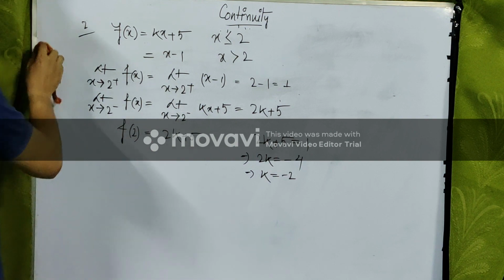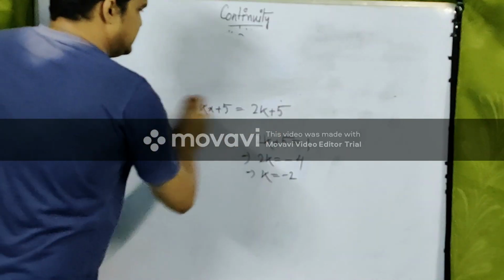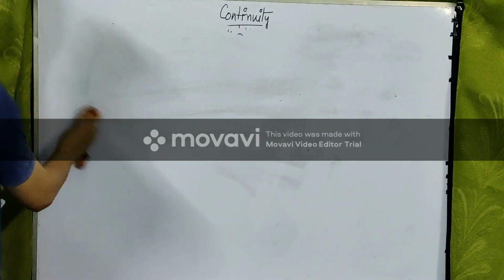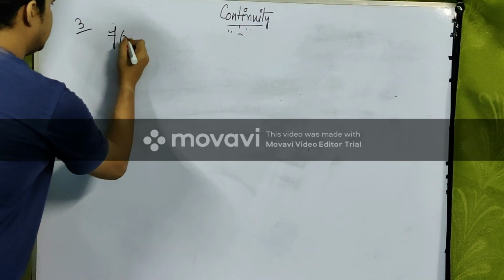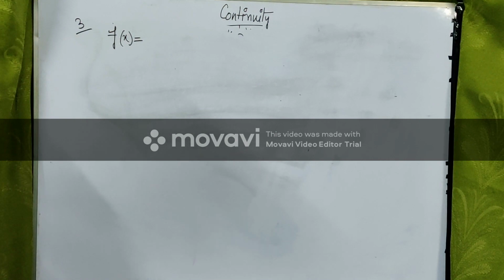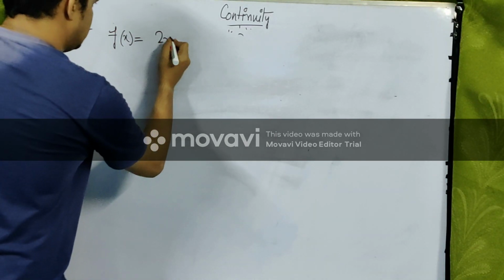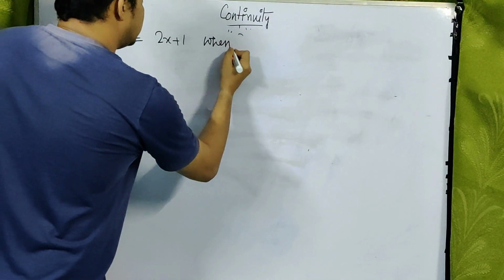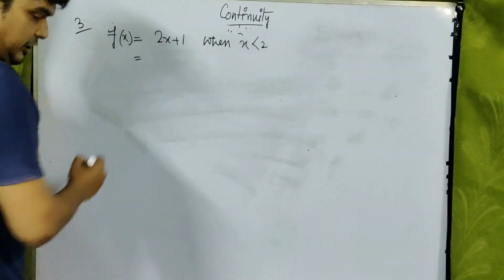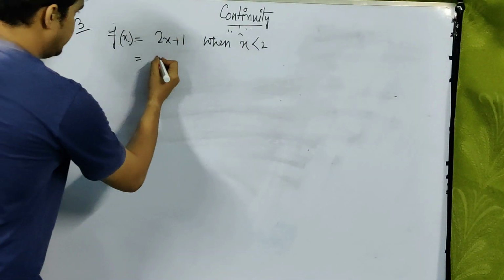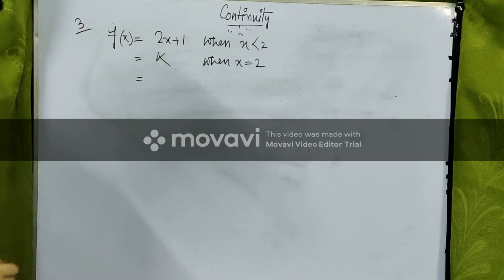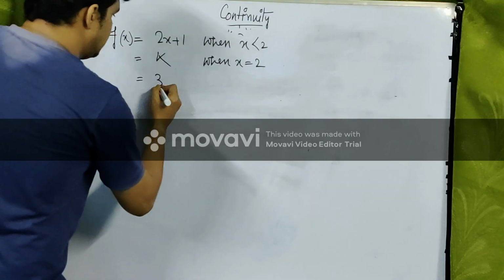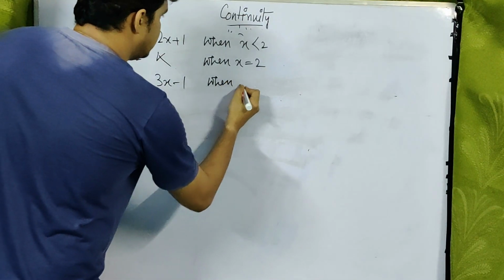Next one. Question number 3. In question number 3 we have f(x) equals 2x plus 1 when x is less than 2. f(x) equals k when x equals 2. f(x) equals 3x minus 1 when x is greater than 2.